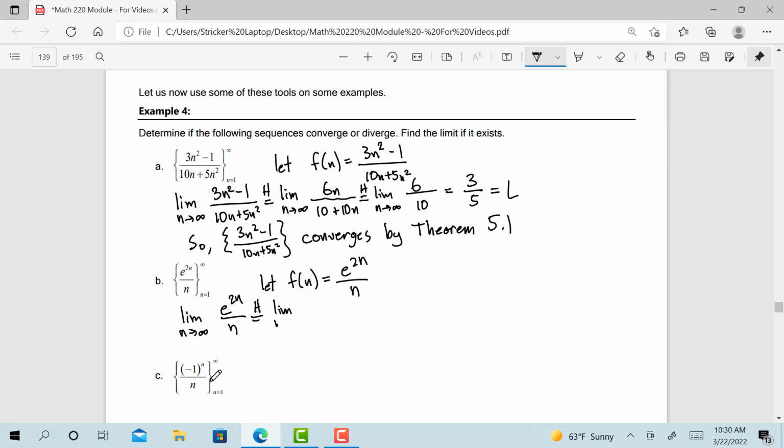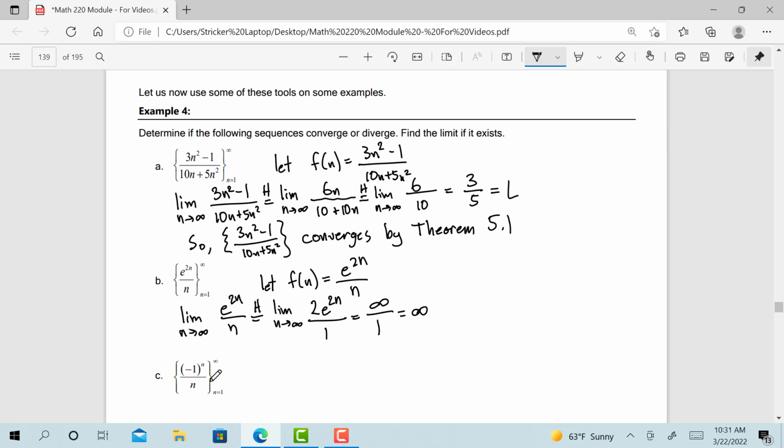We have the limit as n approaches infinity. The derivative of e to the 2n is 2 times e to the 2n. We got a little chain rule there, and on the bottom we have 1. Now we no longer have infinity over infinity. We have infinity in the numerator, so this becomes basically infinity over 1, which is infinity.